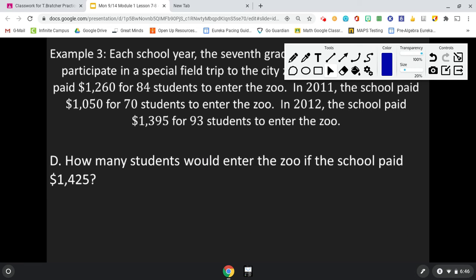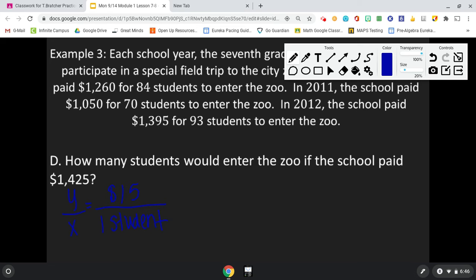Okay, and D, how many students would enter the zoo if the school paid $1,425? So again, we know that it's $15 for every one student. Our Y value is our cost, and our X value is the number of students.